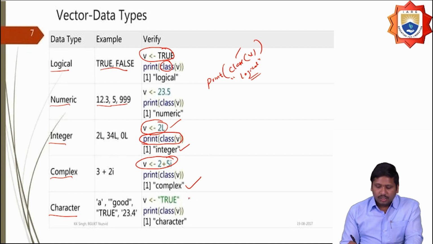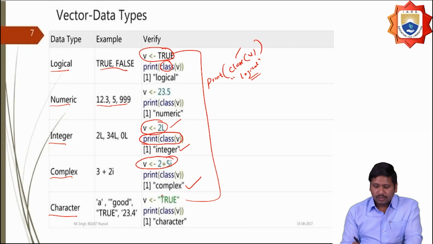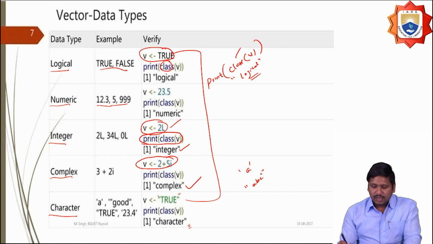There is a difference when I give the value in double quotations: it is shown as character only. The normal representation of a character is single quotations, but a string in double quotations is also shown as character. There is no separate string data type here.